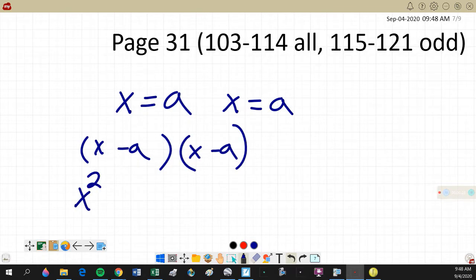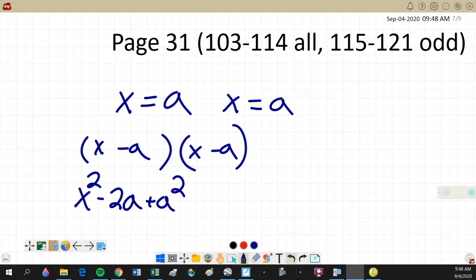Can you do that in your head? Minus 2a x plus a squared. And that is the trick we use when we do complete the square. We take the middle term and divide it by 2 and square it to get the a squared term. Okay.